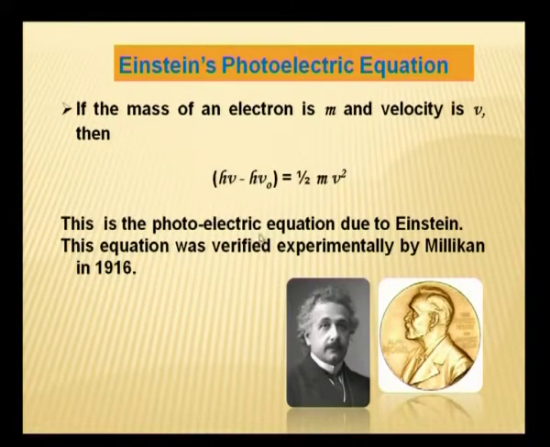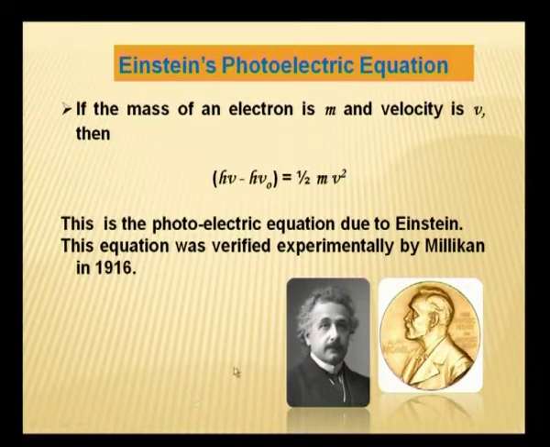Therefore, you write, if the mass of the electron is m and the velocity is v, then h nu minus h nu naught is equal to half m v square. So, this is the relation which was given by Einstein, which got him the Nobel Prize.